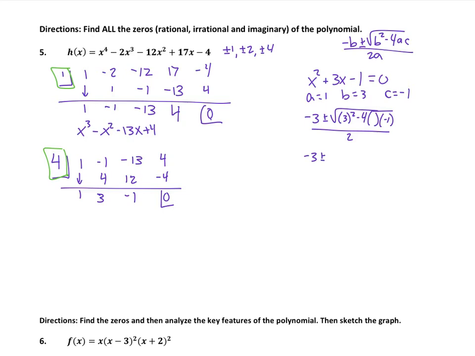Reduce that, we get -3 plus or minus the square root of 9 plus 4, over 2, which gives us -3 plus or minus the square root of 13 over 2. So now those are the other values for x. So our zeros are 1, 4, (-3 plus the square root of 13) over 2, and (-3 minus the square root of 13) over 2.